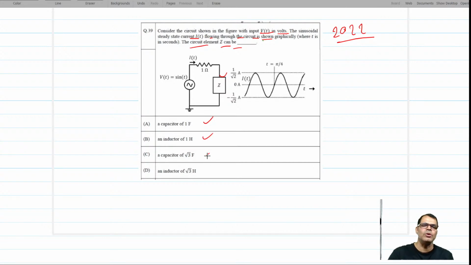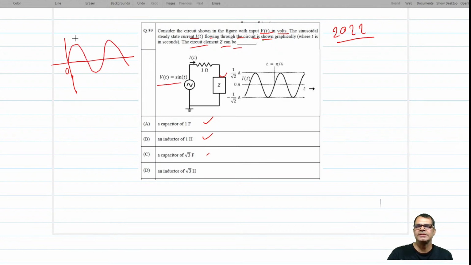So first of all, how to identify? The process is very straightforward. I have told you in the last class, if you remember. See the input reference, the sine t, this is your sine function, the input Vt, and the I, if you see clearly, I is starting at the zero crossing at t equal to pi by 4.